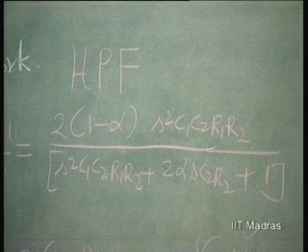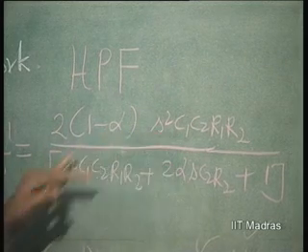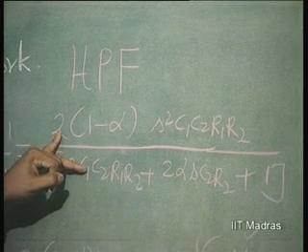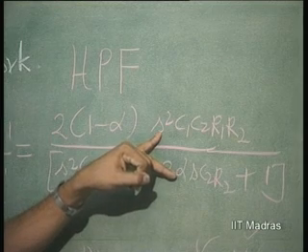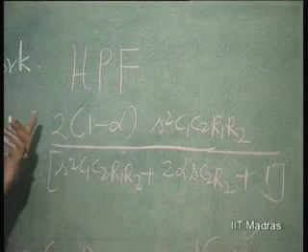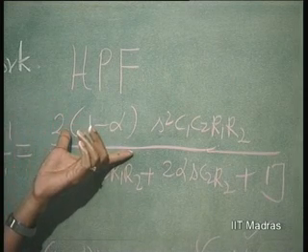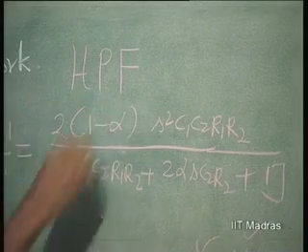You can see that at very high frequencies this S squared dominates, the output will be 2 into 1 minus alpha. At very low frequencies, S equal to j omega, put omega equal to 0, this is going to be 0. So, the output is going to be 0 at 0 frequency, goes ultimately to 2 into 1 minus alpha at high frequency. So, it is called high pass filter.